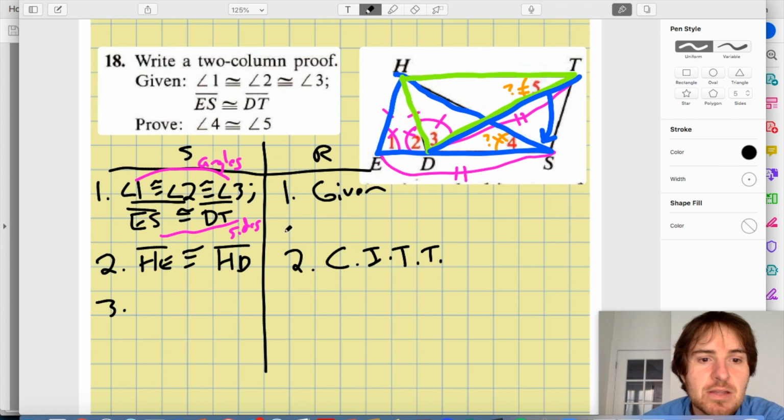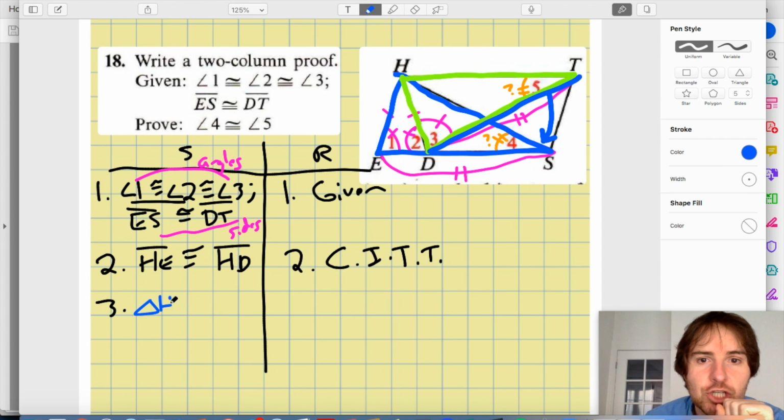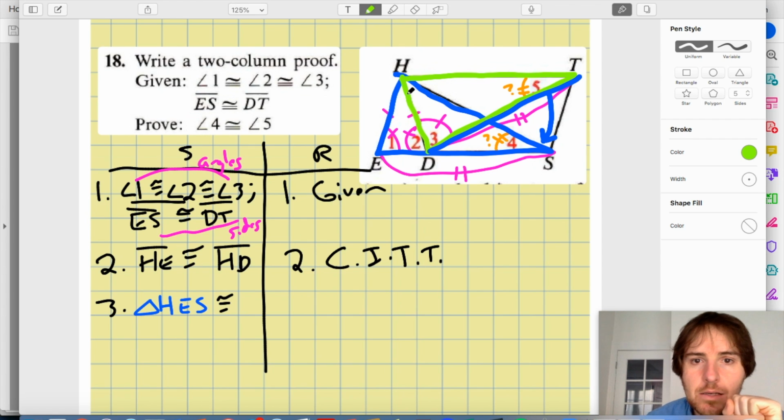HD is congruent to HE. That was important because that completed our triangle, the one in blue here. Maybe I'll switch to blue so you see it in blue here. Triangle HES is congruent to, and HE corresponded with HD, right? HE and HD correspond.